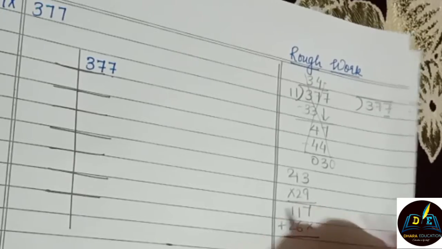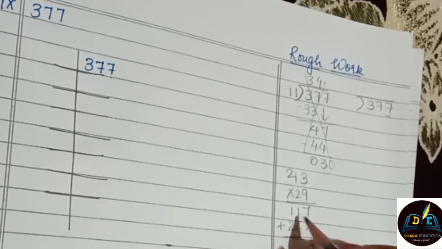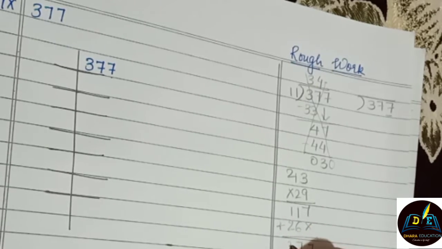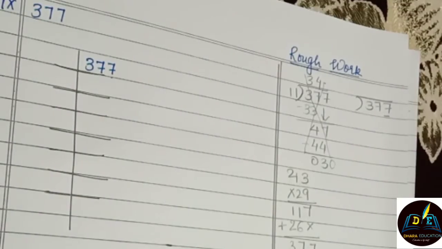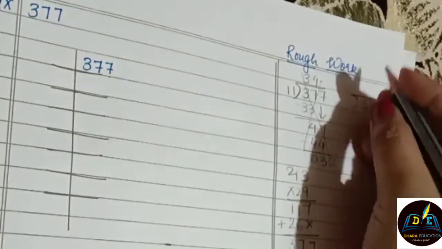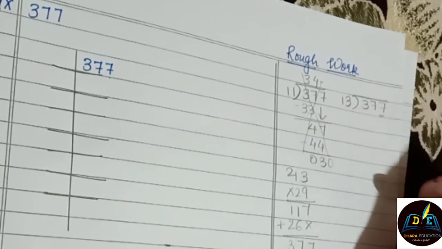2 3s are 6 and 2 1s are 2. So here we are going to add. 7 will come down. 1 plus 6 gives you 7 and 1 plus 2 gives you 3. So 377 will come. So in this particular criteria, we need to understand that 13 is the only table where we can divide it.